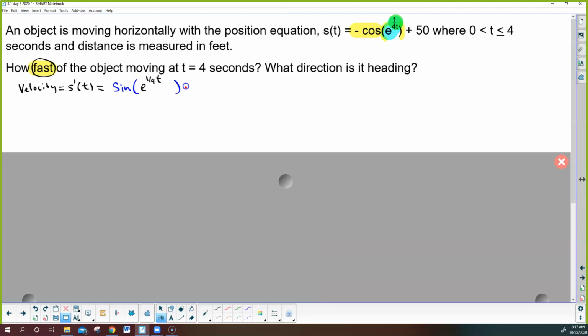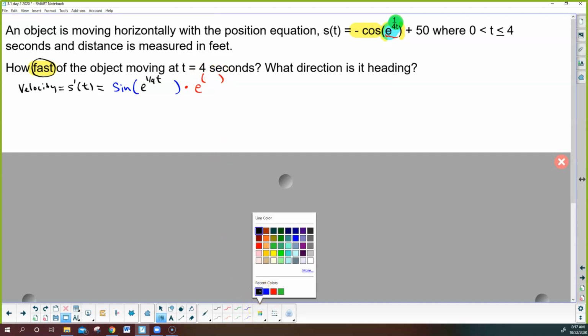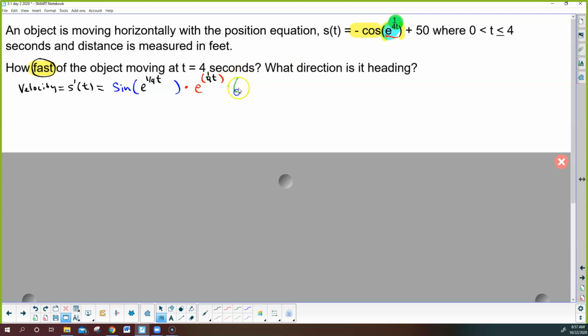And then I have to multiply by the derivative of the next inner function, which is just the e to the x. Well, the derivative of e to the x is itself. Keep the inside. And then I have to multiply by the derivative of the most inner part. The derivative of 1/4 t is just 1/4. Notice how I use multiplication, or I could even put parentheses. That's grouping all this together.